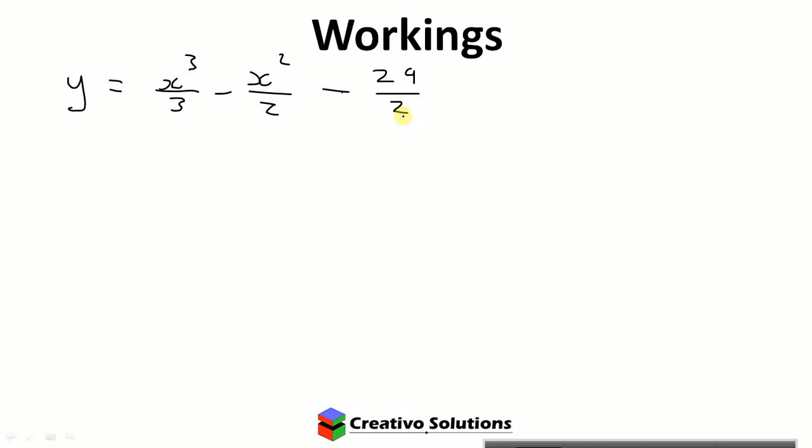There's the function. First derivative, dy over dx: times the 3 by a third drops it, so x squared, and the other drops it, so minus x. There's the first derivative. Constants fall away.